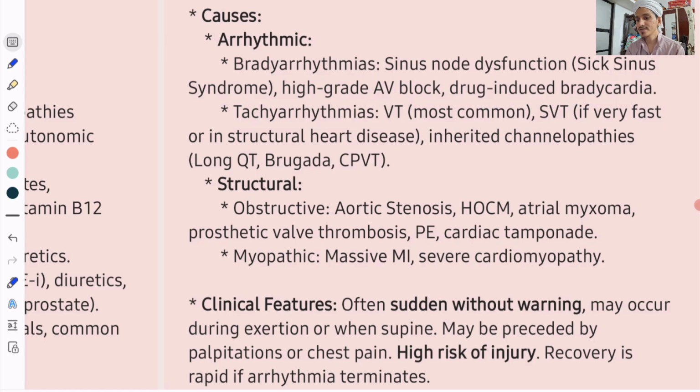In tachyarrhythmias, the most common is ventricular tachycardia. Second is supraventricular tachycardia. It will produce syncope only when it is very fast, or when some associated structural heart disease is present and the supraventricular tachycardia is superimposed on it.